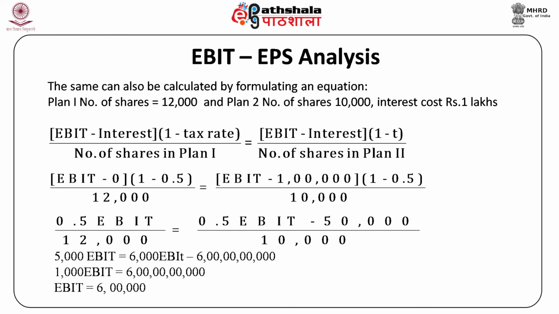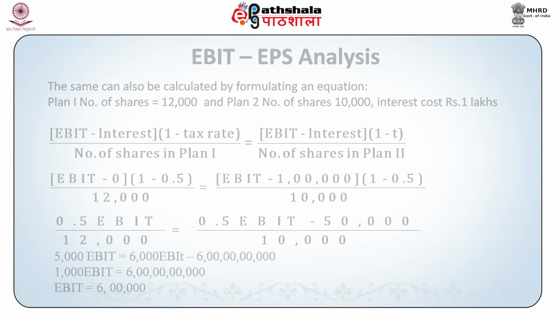This should be equal to EBIT minus interest multiplied by 1 minus T divided by number of shares in plan 2. Now substituting the values in the formula, we get EBIT is equal to 6,000, or an indifferent level of EBIT is 6,000 for determining the capital structure.